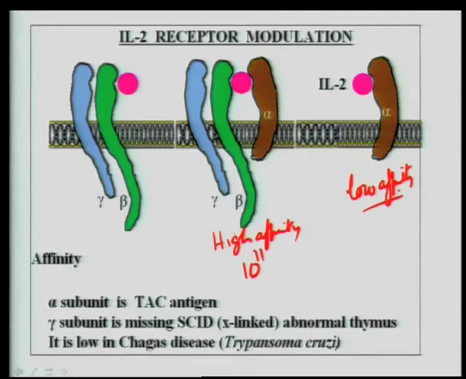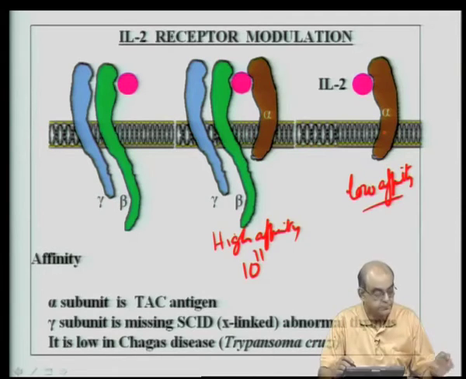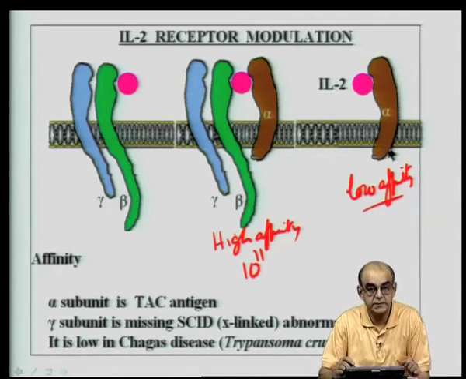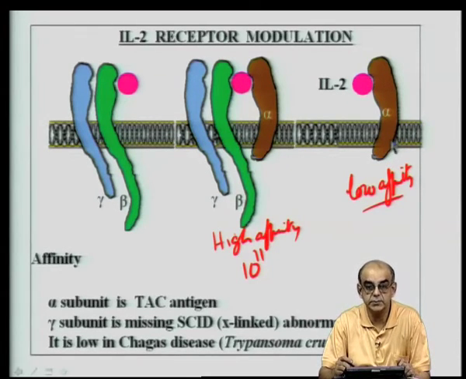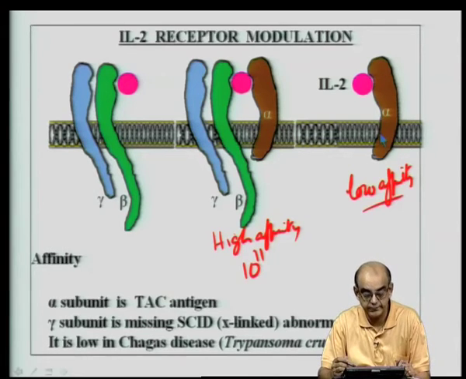So, what happens is that as the cell gets activated and starts to proliferate, make more IL-2, as time goes by, the concentration of this TAC antigen starts to increase on the cell surface. When it increases on the cell surface, it starts to bind more and more, or so to say scavenge the IL-2 that is there in the medium. But once it binds to more and more of IL-2, it is unable to transduce the signal, and therefore, the cell becomes non-responsive, although IL-2 is being bound by the subunit.